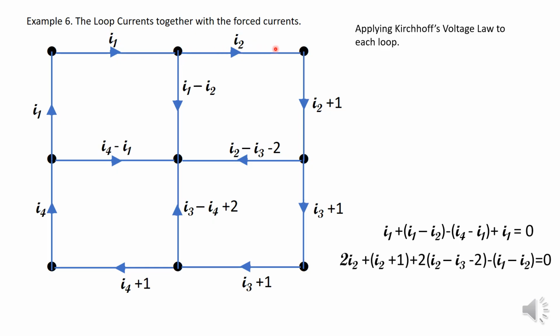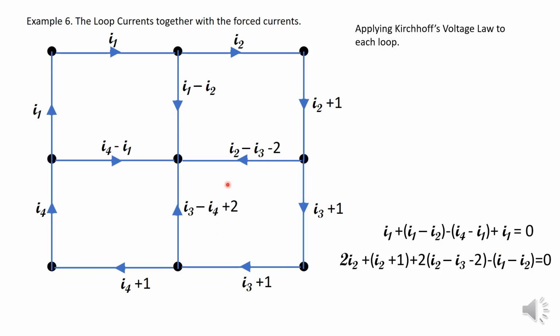It will be twice I2 and then plus 1 times I2 plus I1, because you have resistance 1 here, and then twice this current here, I2 minus I3 minus 2, and then we are going against the current, so it's minus 1 times I1 minus I2. 1 is the resistance along this branch. So that's our second equation.